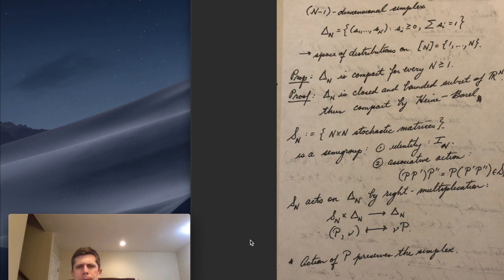And the key observation here is just that this space is compact for every finite n. To see this is a basic consequence of real analysis. This space is a closed and bounded subset of R^n.